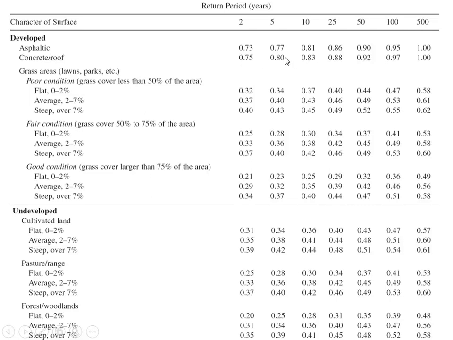So this relatively increasing C value for a larger and larger storm is basically taking into account the surface depression storage being satisfied. And what this is saying roughly is that about 25% of the 2-year storm has to be going towards satisfying abstractions before there will be runoff. But when you get to the 100-year storm, only 3% of the 100-year storm will be used to satisfy the abstractions before there is runoff.